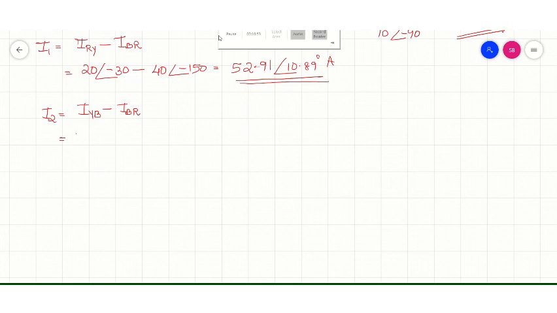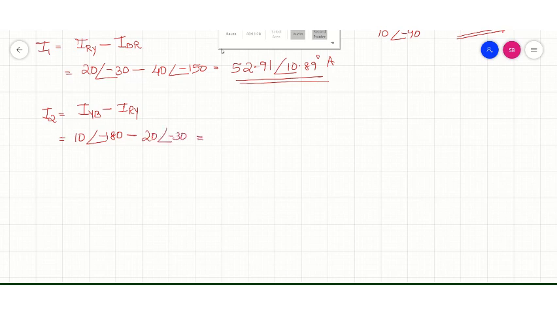IYB is 10 angle minus 180 minus IRY, which is 20 angle minus 30.